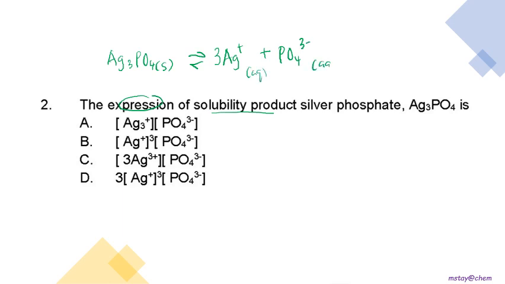Based on this equation, the concentration of Ag plus needs to be to the power of 3, and the concentration of PO4 3 negative only to the power of 1. So the correct option is B as well.